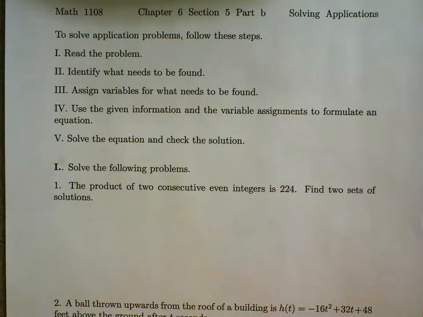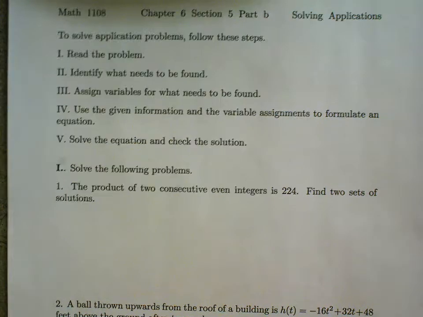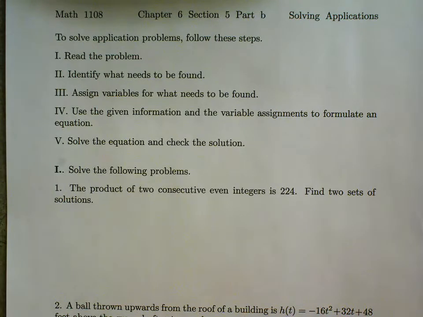Okay, well, how do we represent two consecutive even integers? Well, a pair of consecutive even integers differ by 2. The positive even integers are 2, 4, 6, 8, 10, and so on.